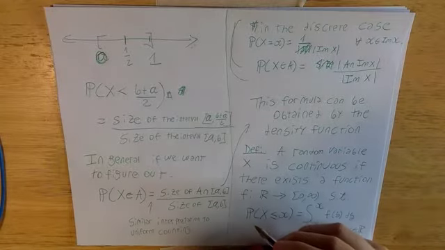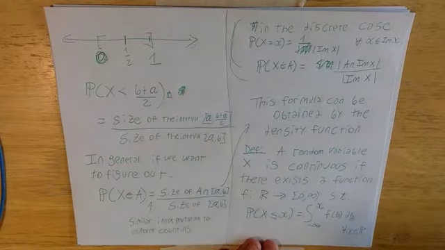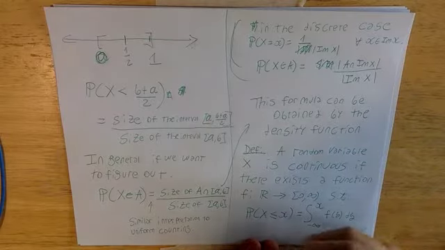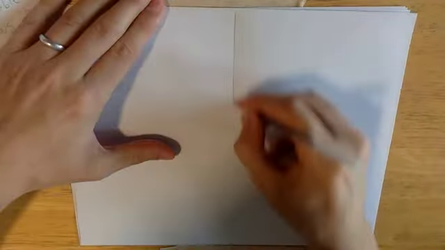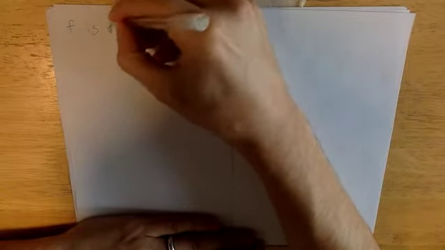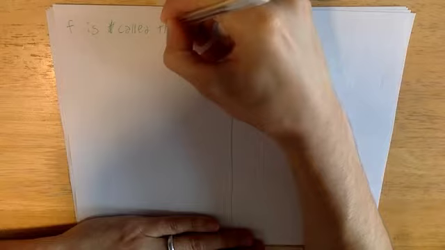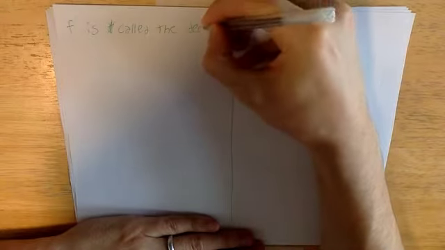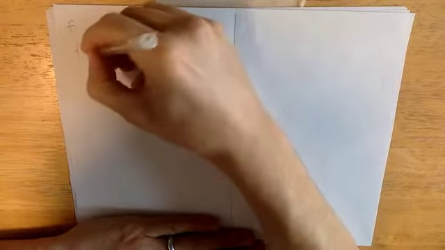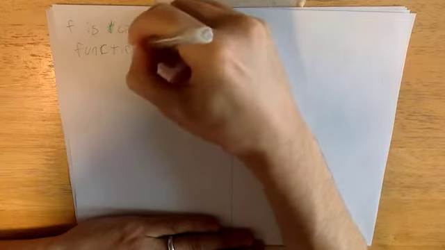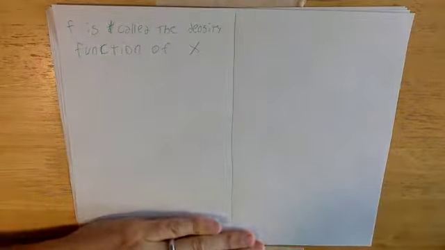Okay, so this little f is called the density function of x.